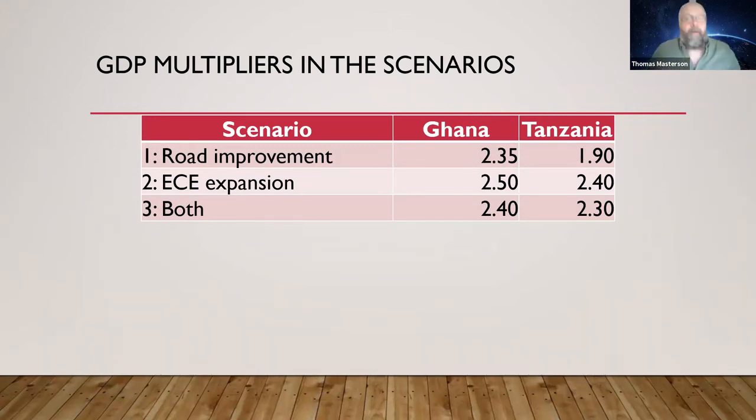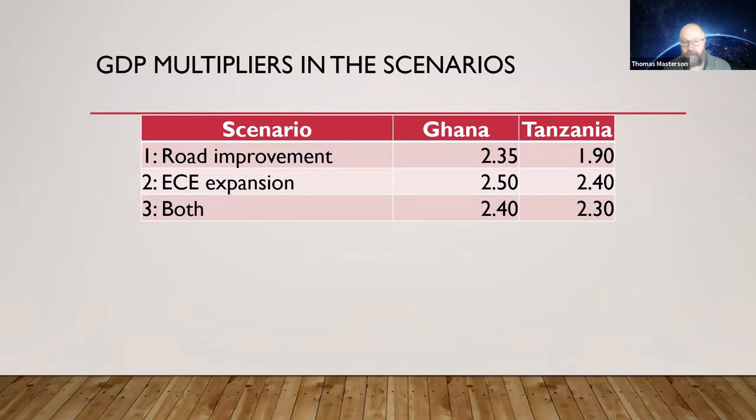That implies multipliers of 2.35 and 1.9 for Ghana and Tanzania, respectively. So in other words, 1.5% into road improvement in Ghana gives you a 3.5% increase in GDP, total output.